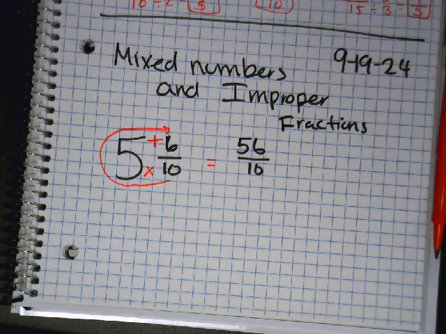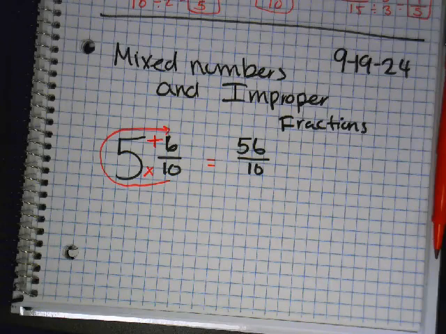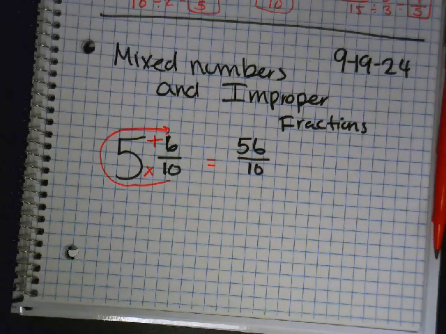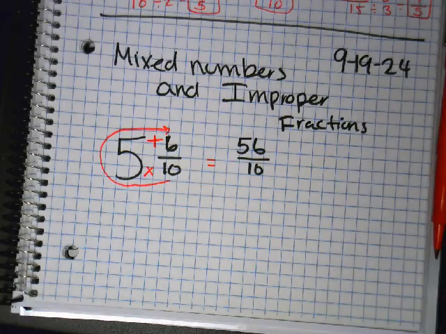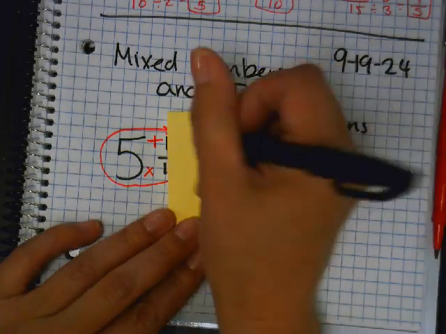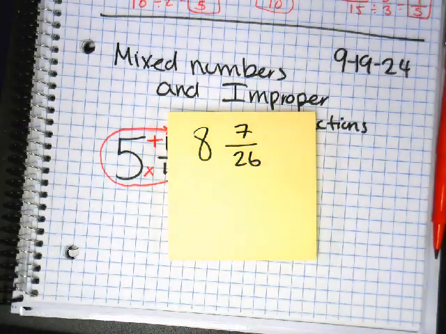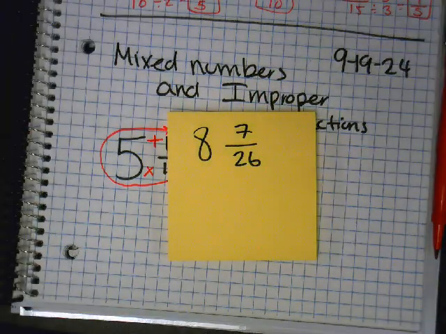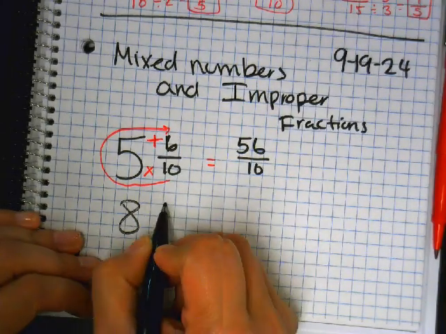No. Yes. Thank you. 8 over 26. That's like kindergarten math. Okay, so Dylan is going to do 8 and 7 over 26, and the rest of us are going to do, let's say, 8 and 2/5.